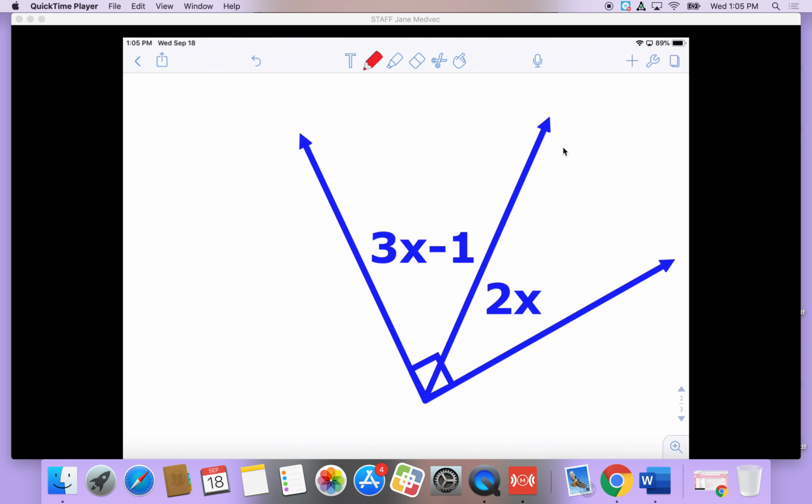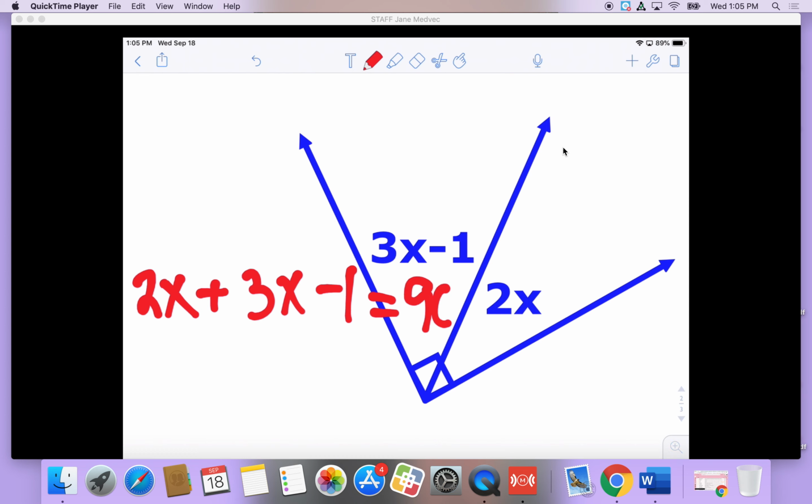How would I go about this one? 2x plus 3x minus 1 equals 90, that's correct. And I know that because of this little thing right here. Okay, then I'm going to combine like terms. I end up with 5x minus 1 equals 90.